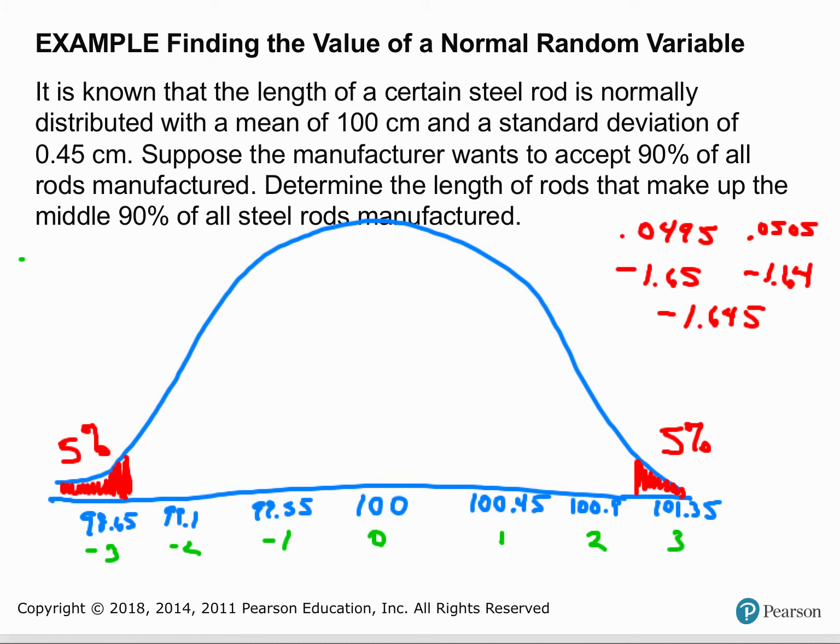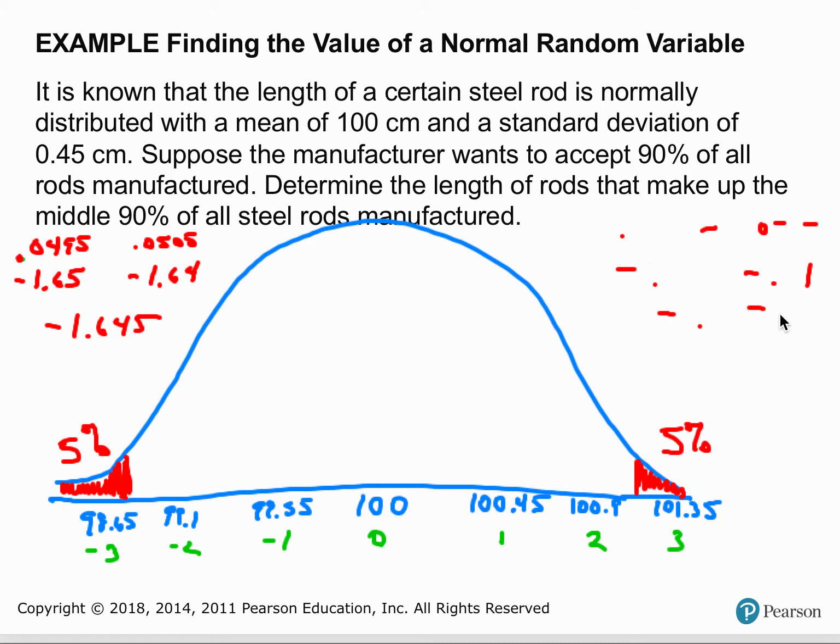Let me go back to red because I'm going to put it over here. 0.0495 corresponded to negative 1.65. 0.0505 corresponded to negative 1.64. So negative 1.645. Okay, so that represents that 5% on the left-hand side of the graph.